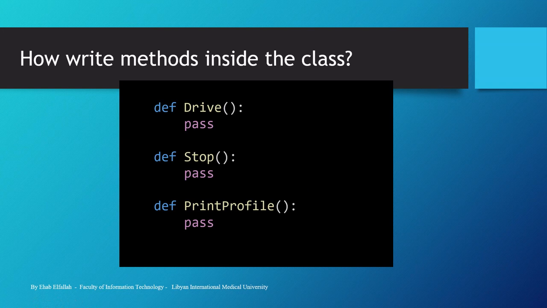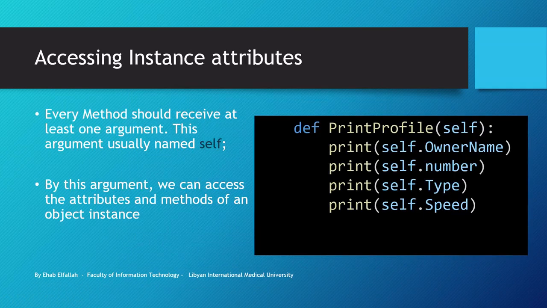Some call it this, but usually it's called self. If you want to access an attribute in the same instance of that class, we can use the self argument to access the attribute from the same instance. I will show you if we have more than one instance.